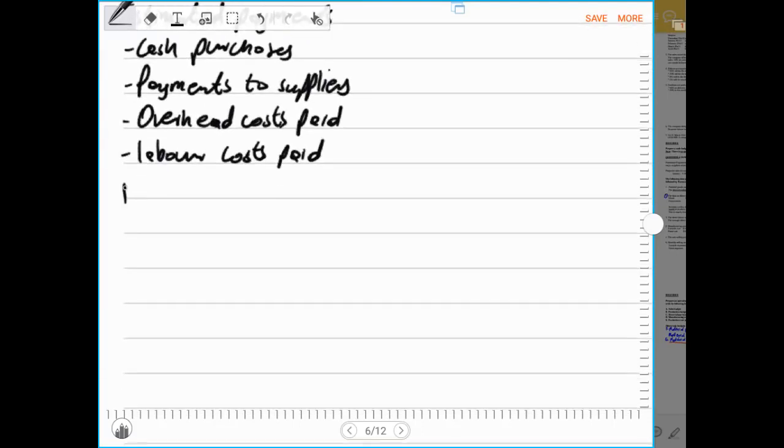Then after we'll have a balance, let me say closing balance. It could be a surplus or a deficit.